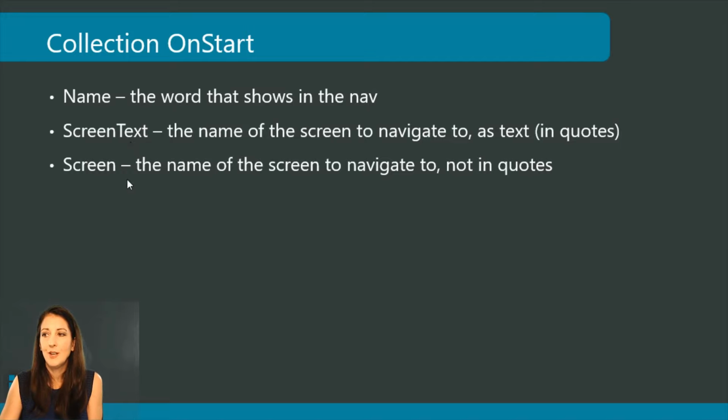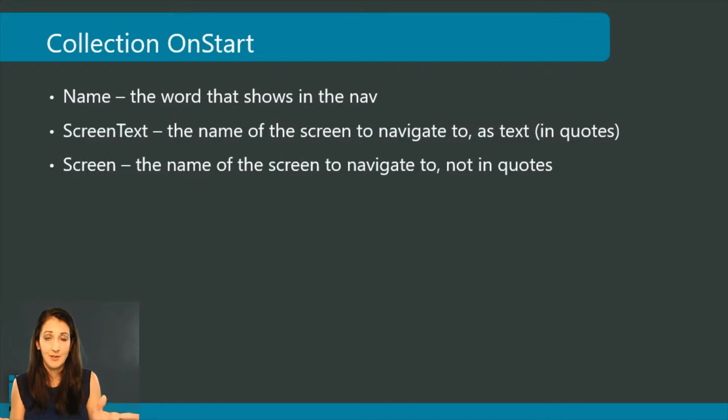It functioned a lot better, because when we click something and we want it to navigate us and take us to a page, that Navigate action needs to have the actual screen name. It's not text. It doesn't have quotes around it.